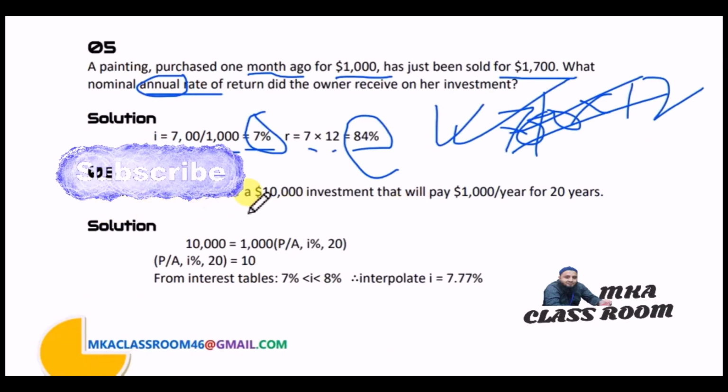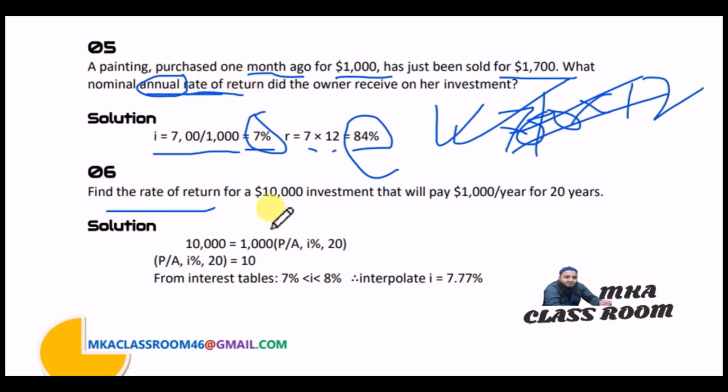Find the rate of return. Here also find the rate of return. A 10,000 investment will pay 1000 each year for 20 years. So obviously it is an annuity problem. Find out the rate of return where you invest 10,000 that will pay 1000 each year for 20 years.